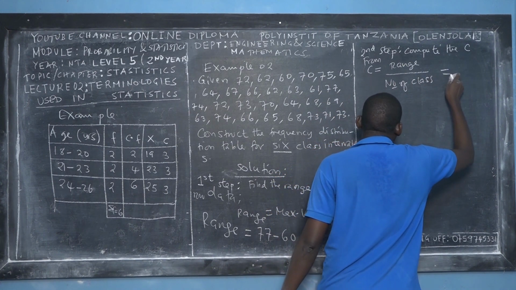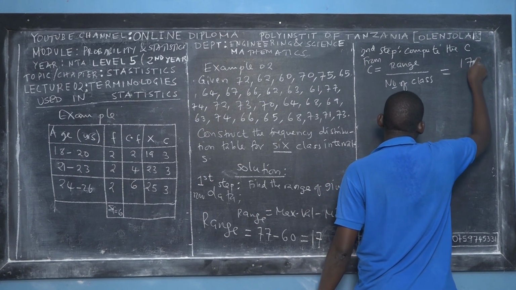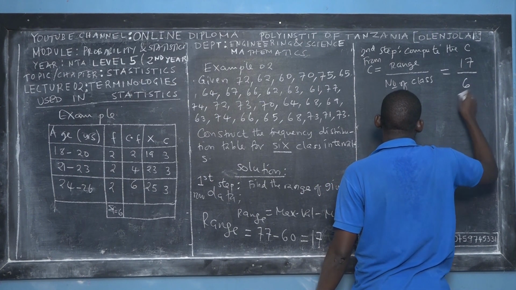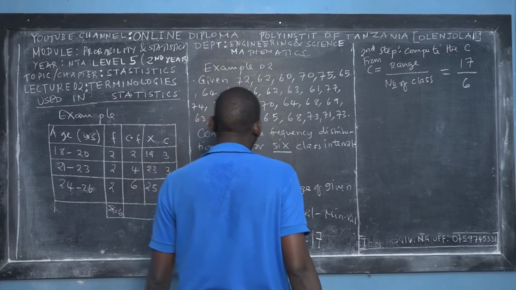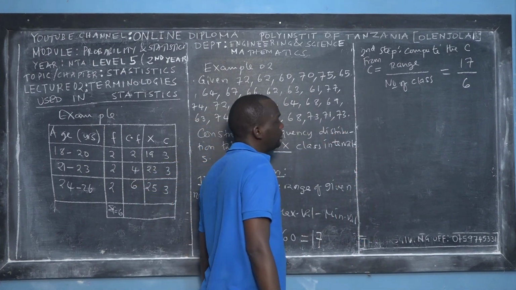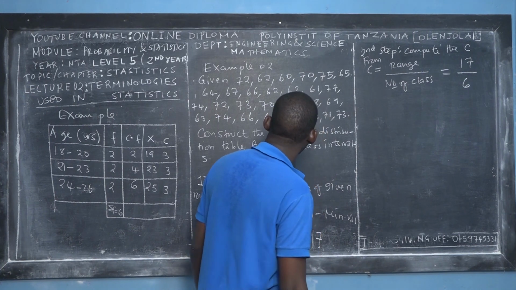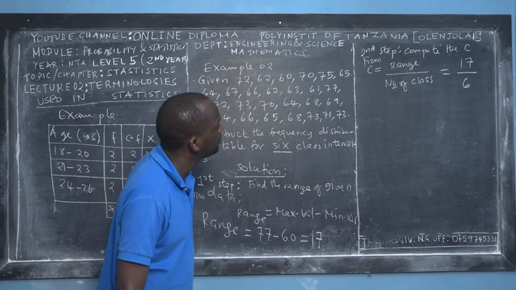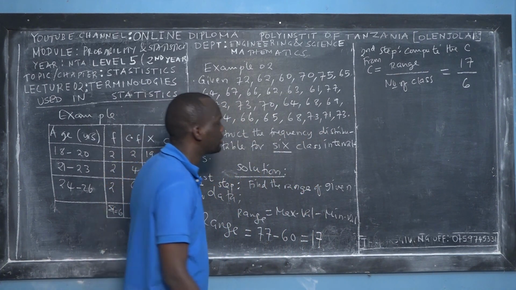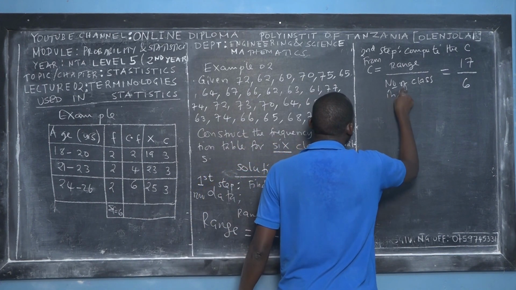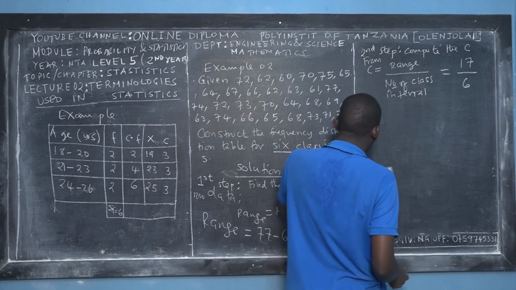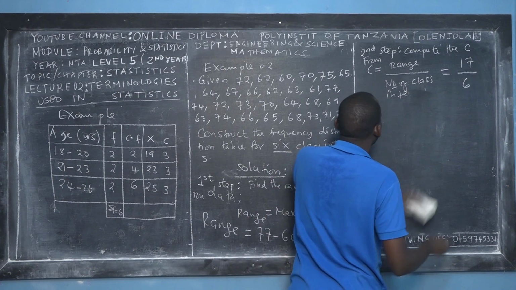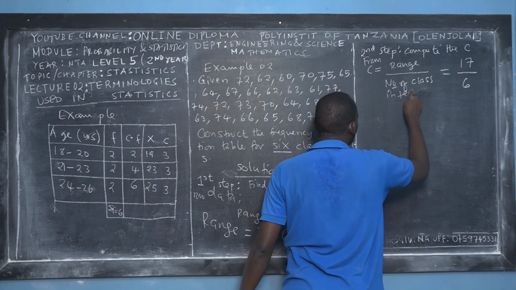The range for ungrouped data in this case is 17. The number of classes is 6. We have to construct a frequency distribution table of 6 class intervals. So the number of class intervals required to be formulated is 6. If we form five class intervals, then the class size will change.